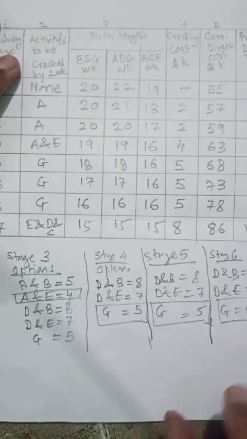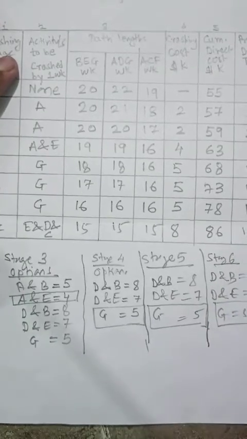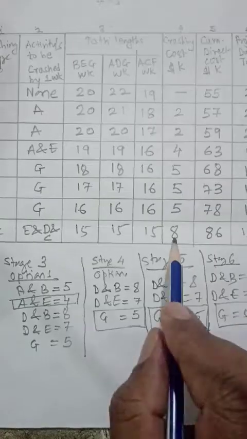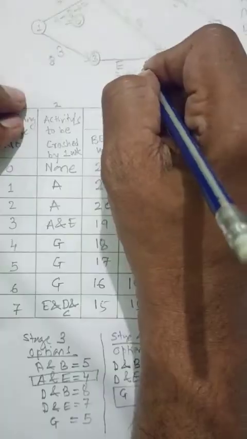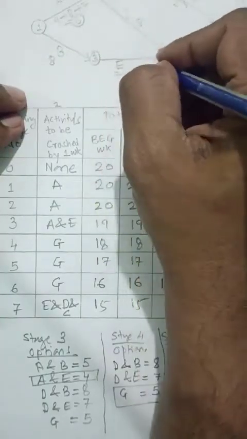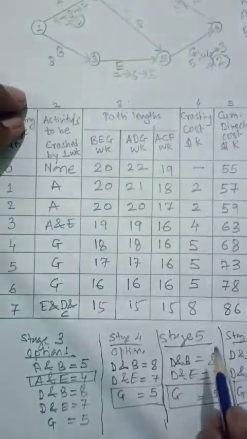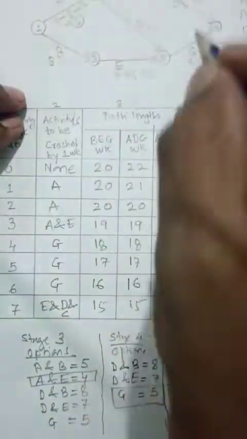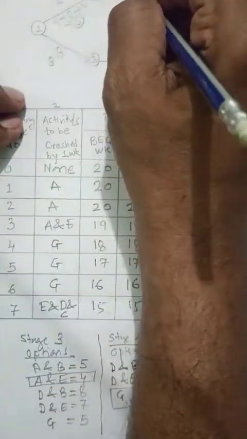Just cross check whether any mistake is there. So that is the correct cost calculation. So now if you look here, E has reached 5, right? Then D has reached 7, and C has reached 4.